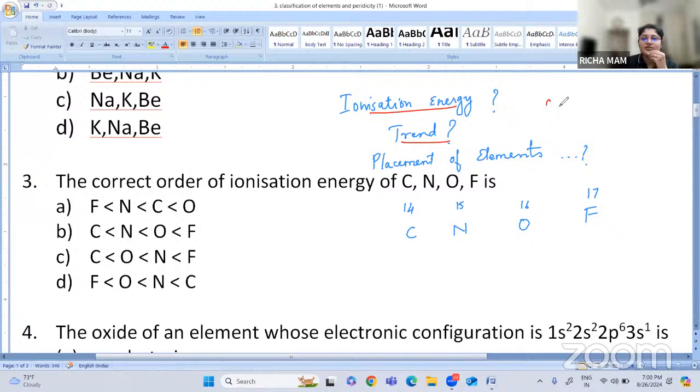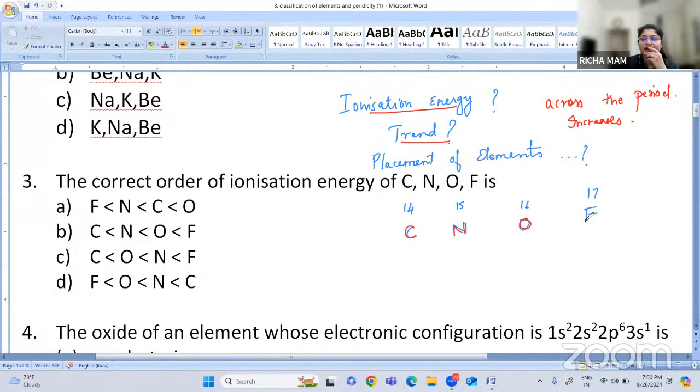Trend. Across the period, what will happen to ionization energy? It increases. So which will be more? Will fluorine be highest or carbon be highest? Which is the answer? I have told you the placement also.